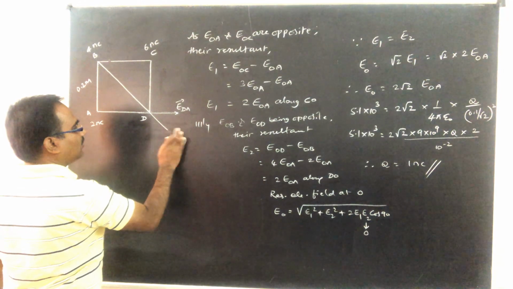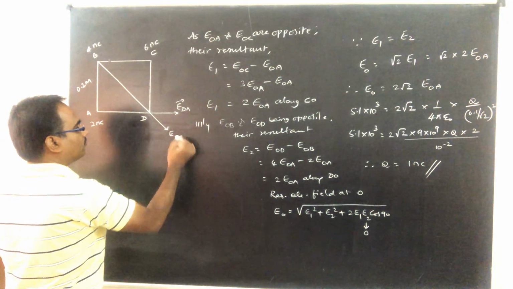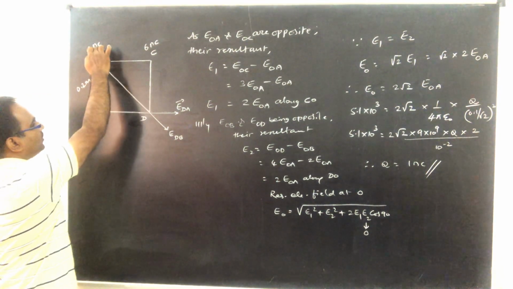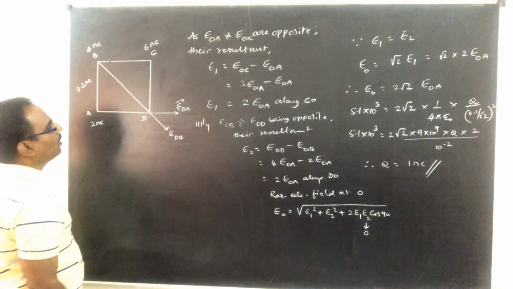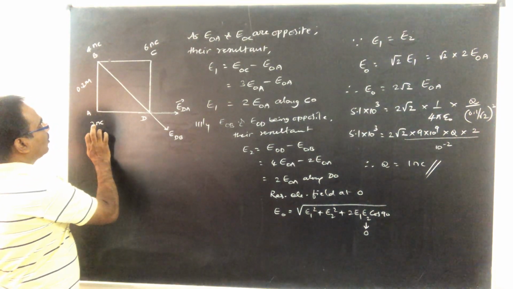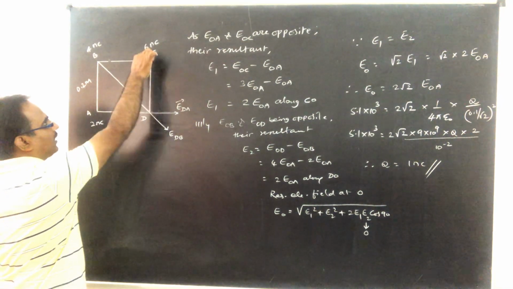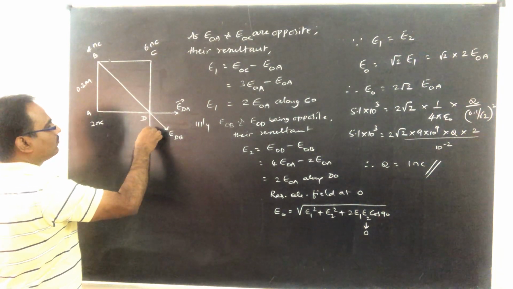So this is EDB. This is a positive charge, so at this point the electric field is directed away. Next, due to the charge at C, the electric field is along CD.